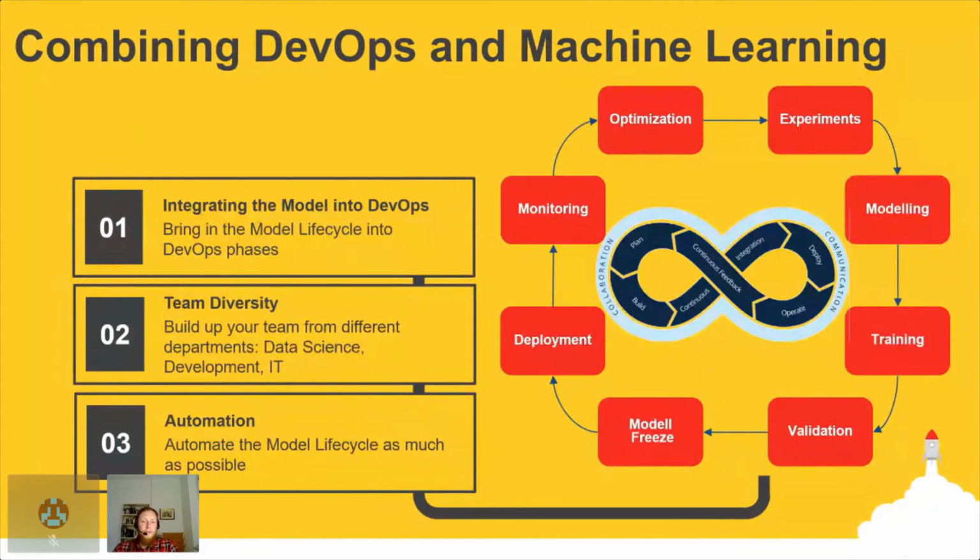And another point, in my opinion, is having the lifecycle very much automated. If you can, for example, automate your experiments by having defined parameters that you search automatically, and having model creation automated, then you can go through these different phases of the machine learning lifecycle way, way faster.